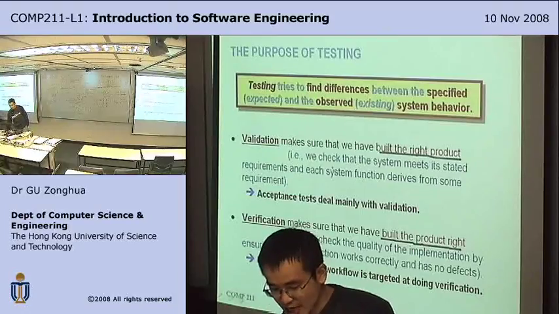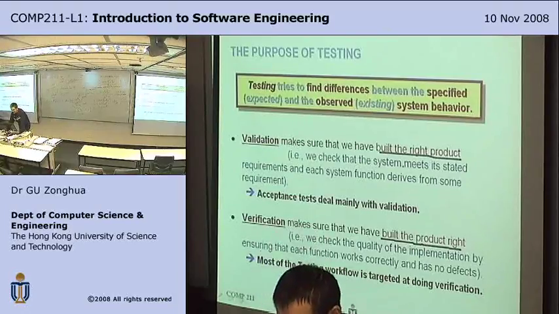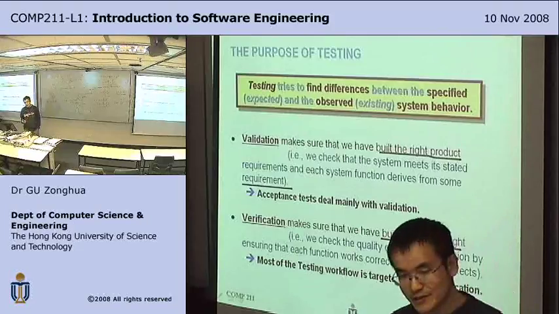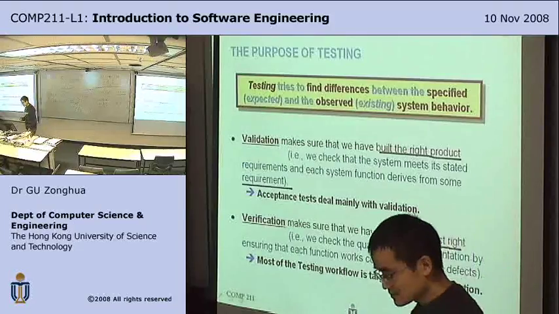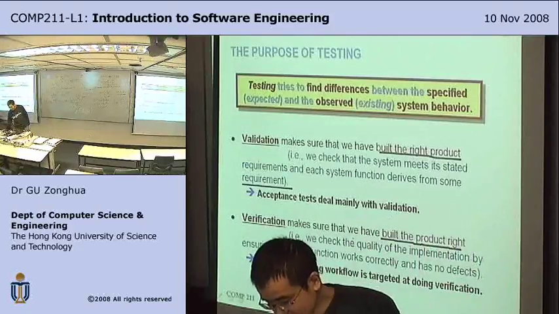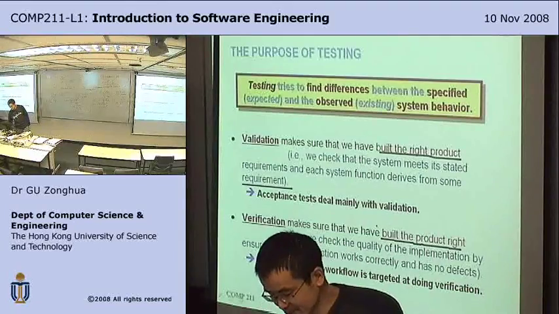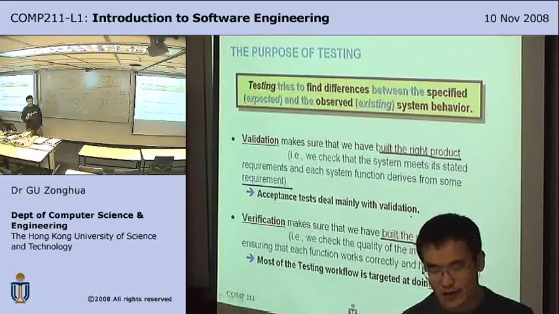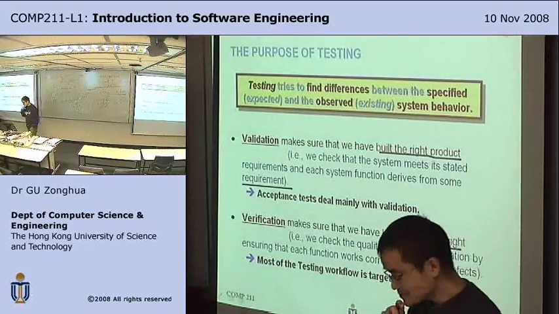So validation, we check that the system meets its stated requirements, and each system function derives from some requirement. So that is, the system is doing what the requirement says it should be doing. And verification is to check the quality of the implementation by ensuring that each function works correctly and has no defects. That is, the system has very little bugs or has no bugs.